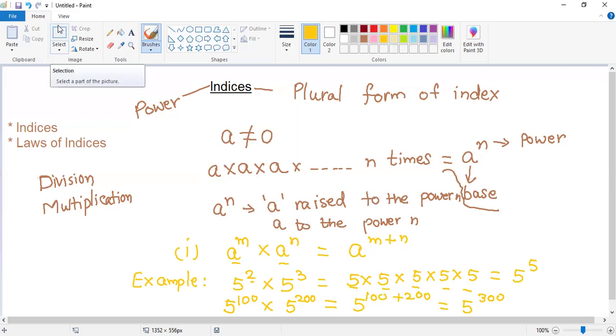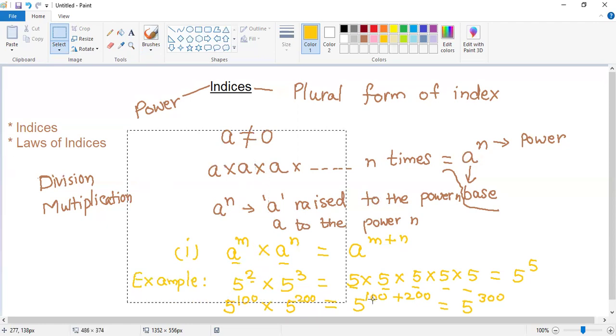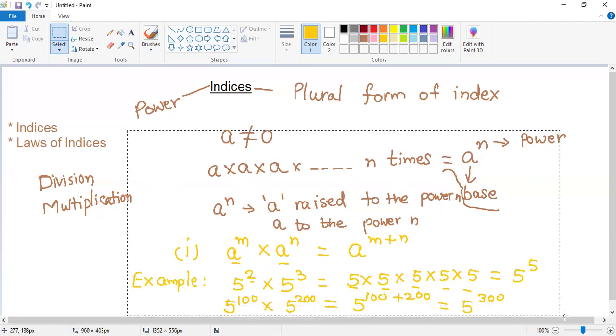Now we are going to see another rule, or law.